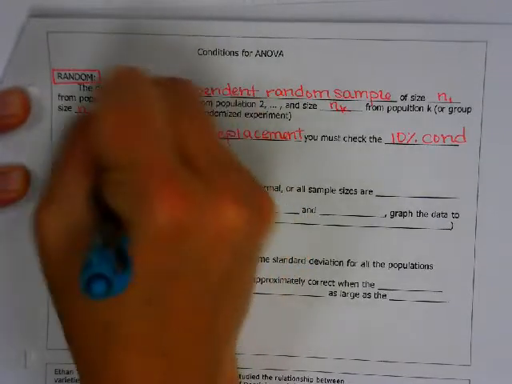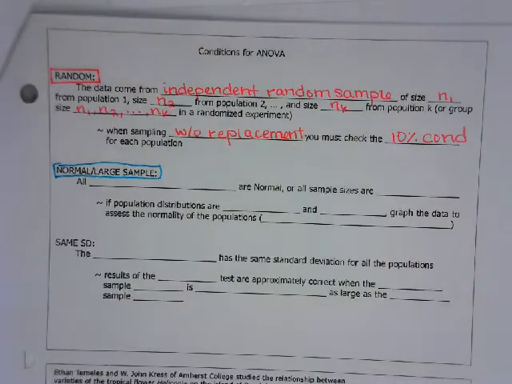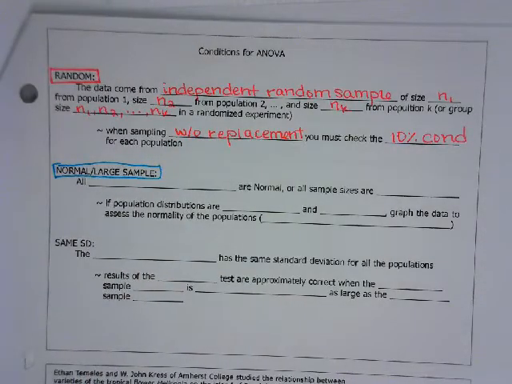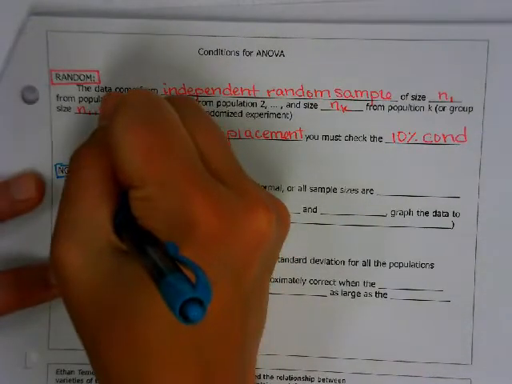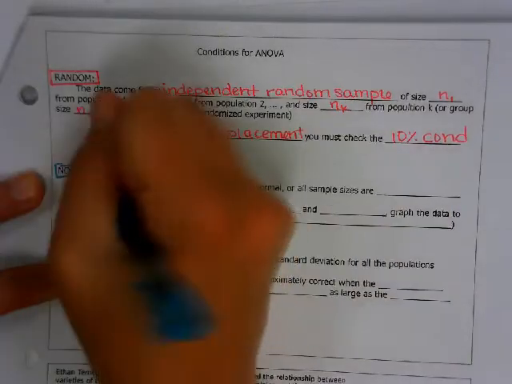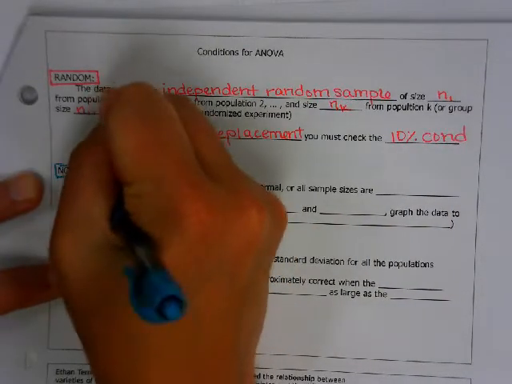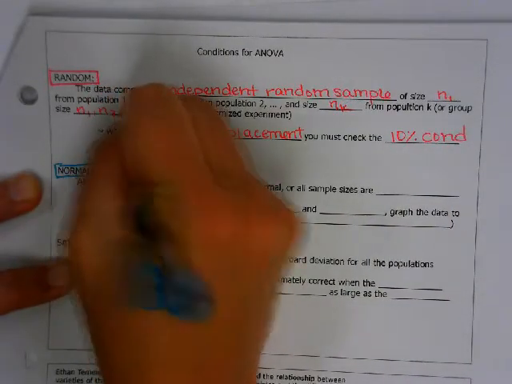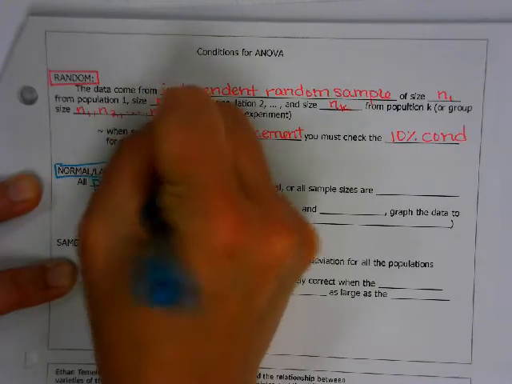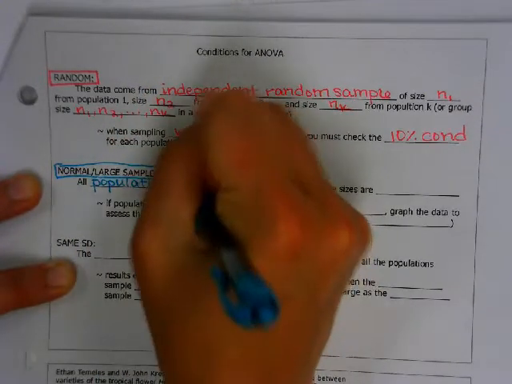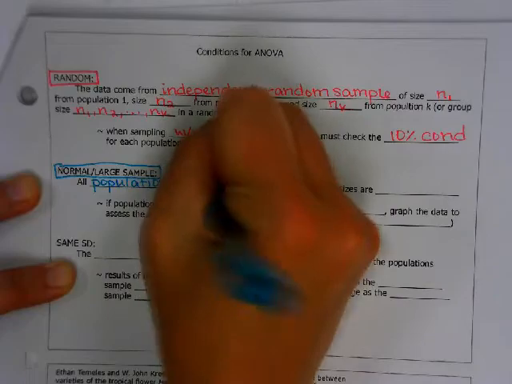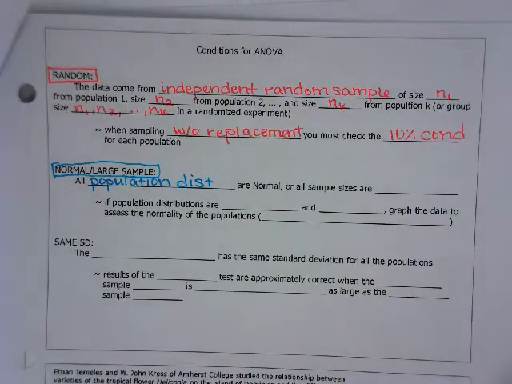So you want to check that all the population distributions are normal, or all sample sizes are greater than or equal to 30.